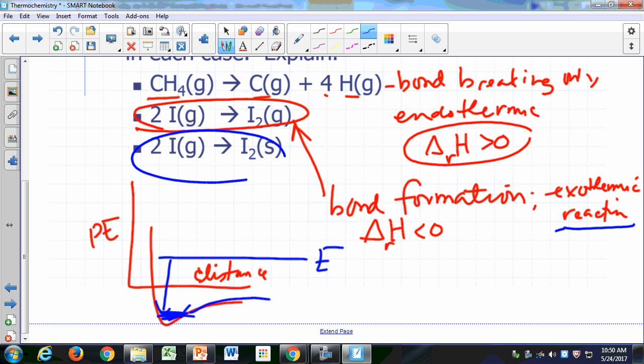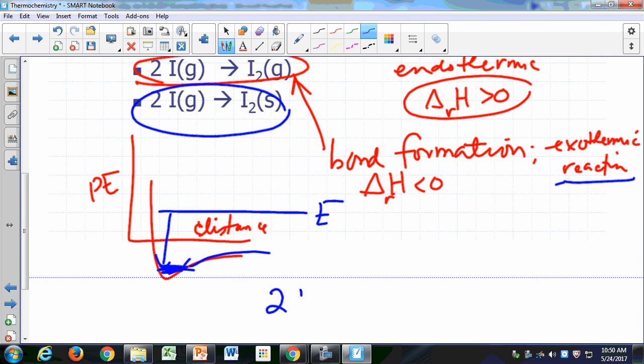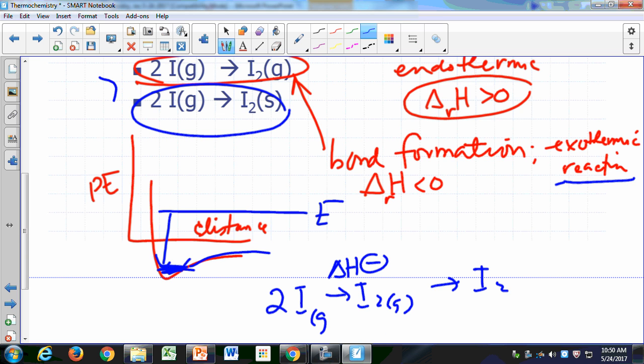And then the third one over here, well, imagine that as going from, remember, 2I going to I2 gas. The second one right here is exothermic, right? Delta H for this is negative. Well, to go from gas to solid, that's also an exothermic process. That's deposition.